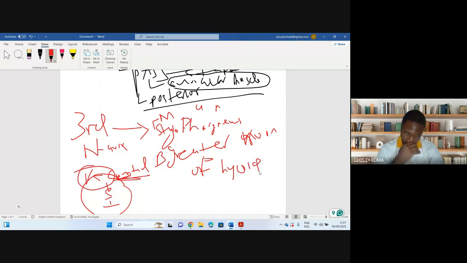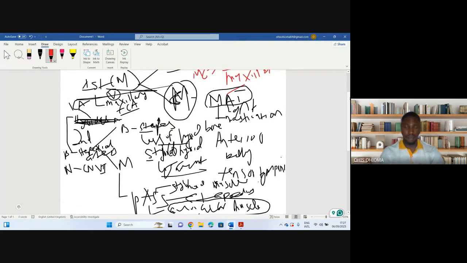Now, the reason why I took my time to explain part 1 and part 2 is because there are syndromes and sequences that affect the failure of the second and the first pharyngeal arch to develop. The first syndrome is known as Treacher-Collins syndrome.